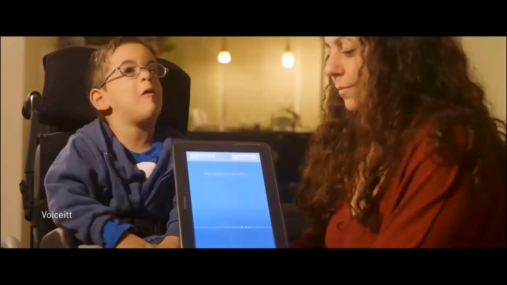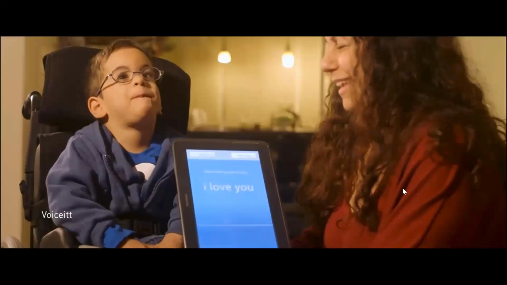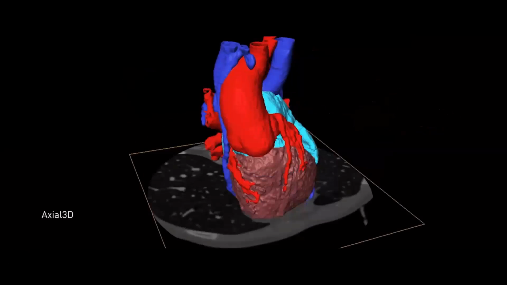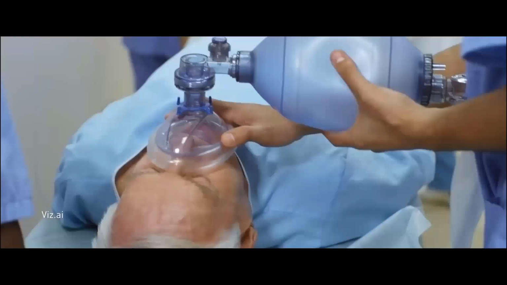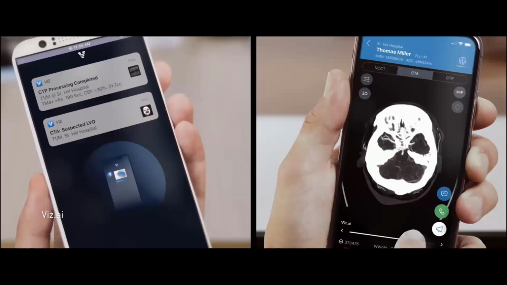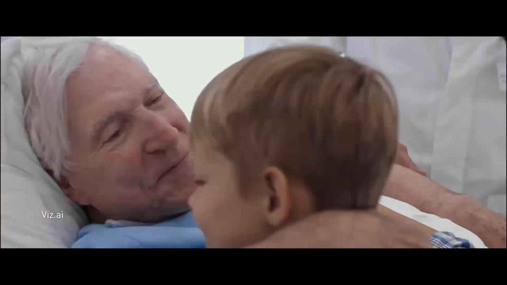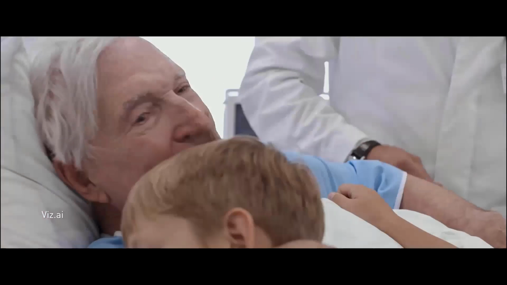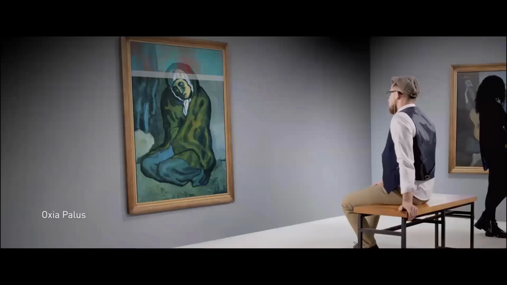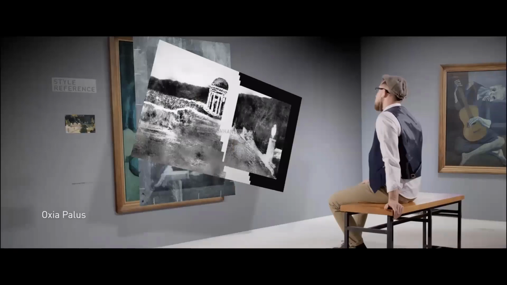I love you. I am a healer, modeling the future of medicine. And finding the needle in a haystack when every second counts. I am a visionary, uncovering masterpieces lost to the ages.